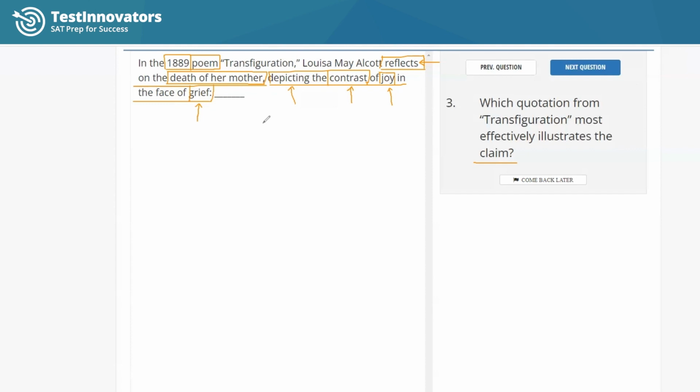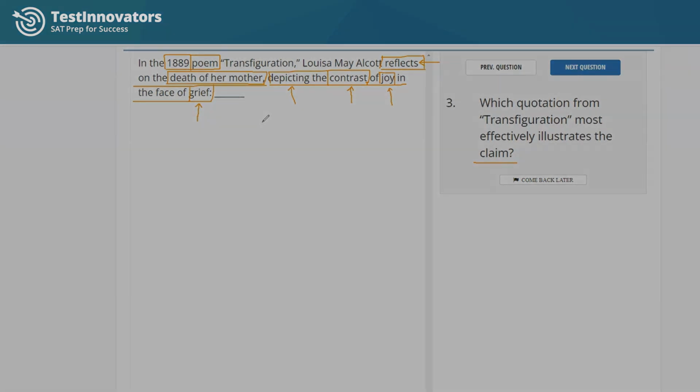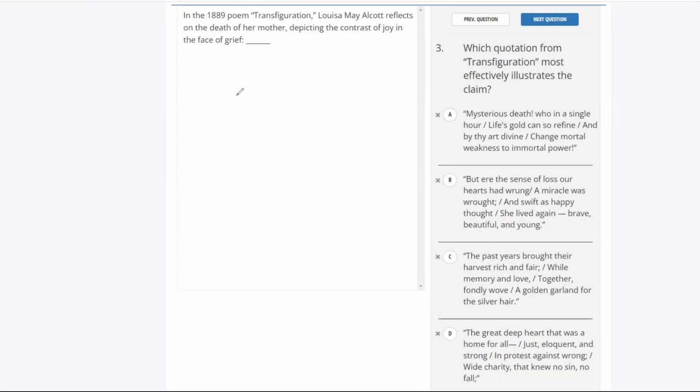Let's take a look at the options. As we work through the options, again, we want to look for all parts of the claim. The correct answer choice will reflect the whole claim, nothing but the claim. So we will see evidence of reflections on the death of the author's mother.